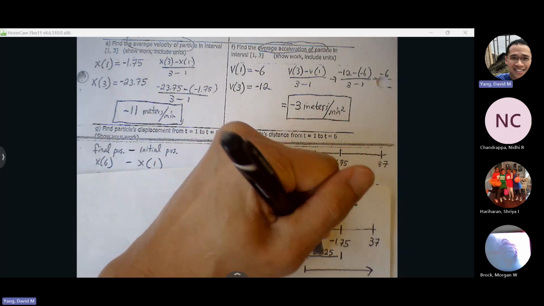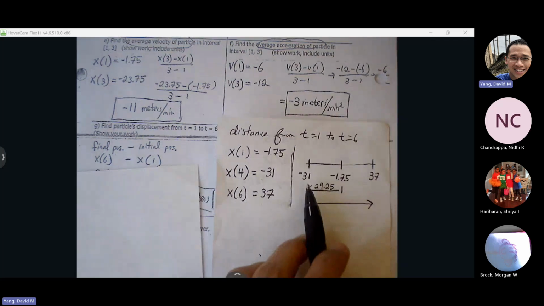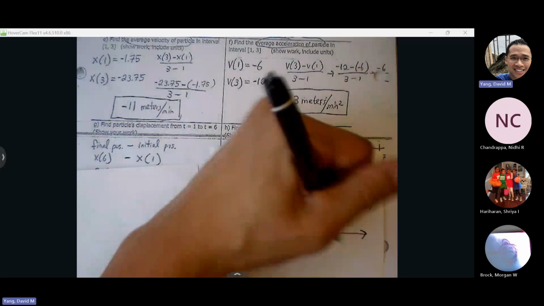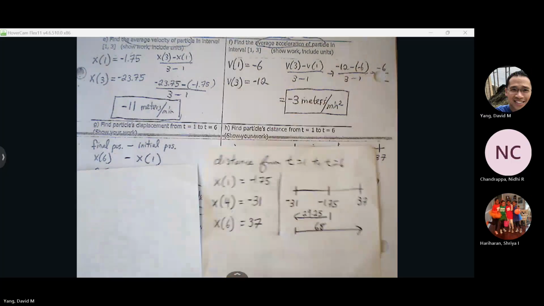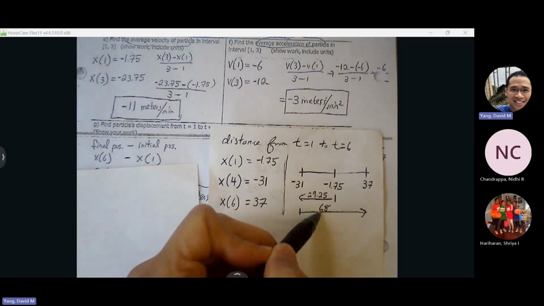And remember, everything is positive, because if you're walking, you're counting steps, not negatives. You're counting 1, 2, 3. So everything is a positive step regardless of your direction. From negative 31 to 37, the steps you've taken will be 68 steps. And then in total, you just add these together.